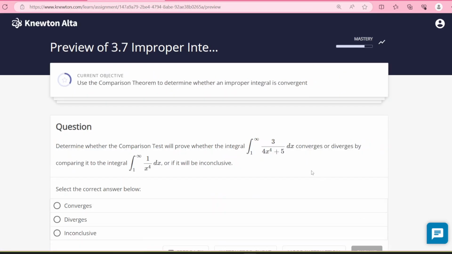Okay, so another one. This one is a little different, but again, they're asking us to compare this integral to this one, and we're on the interval from 1 to infinity, for x greater than or equal to 1.